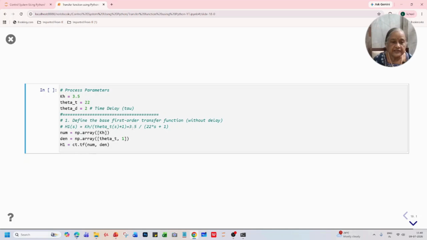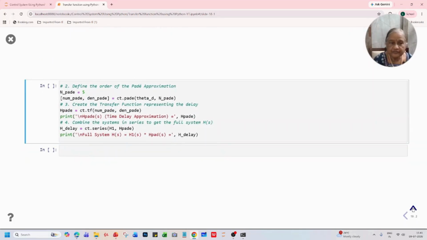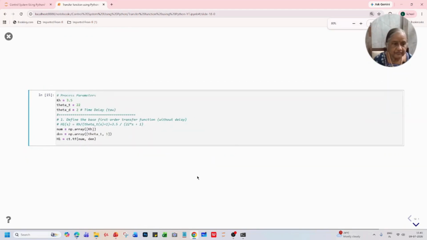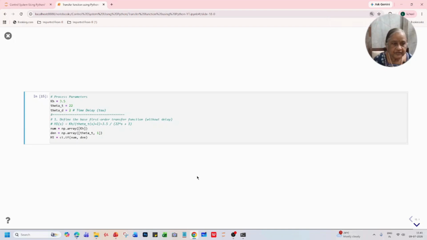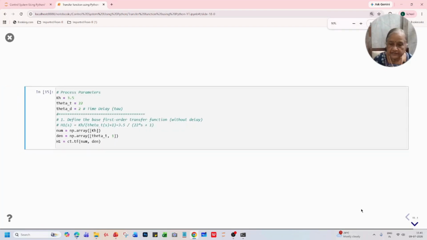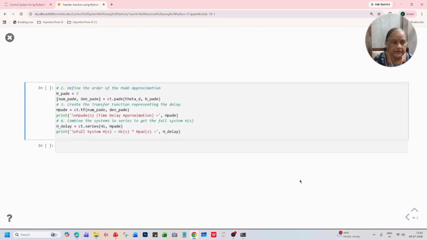So I must get h1 as 3.5 by 22 s plus 1, since I have defined these parameters in the beginning of the script: kh is 3.5, theta_t is 22, and theta_d is also given here, that is the time delay which is required in the next step. It's not asked to print anything, so it has not printed.